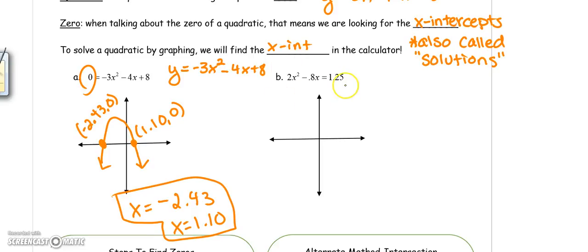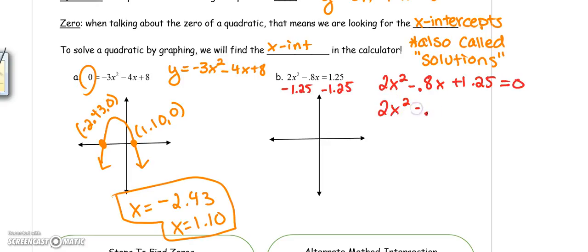Alright, so now we're going to try the second one. This one is different than the first one because it's not equal to 0. We want to make sure it's equal to 0 before we get started. So I have to move the 1.25 over. So we've got 2x squared minus 0.8x plus 1.25 equals 0. So now we can treat it like this equation.